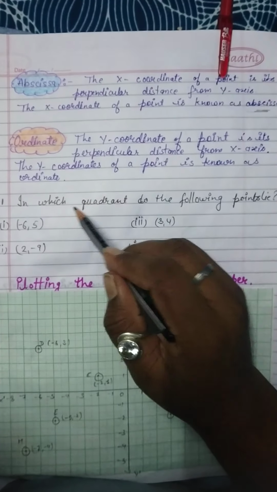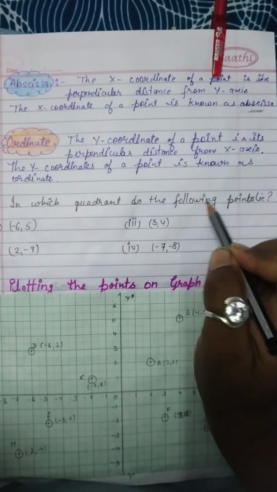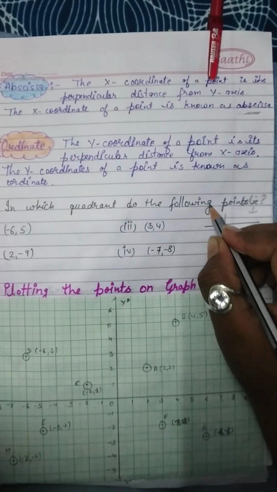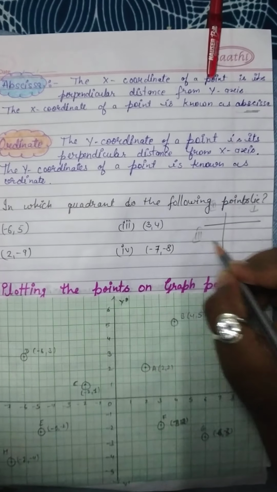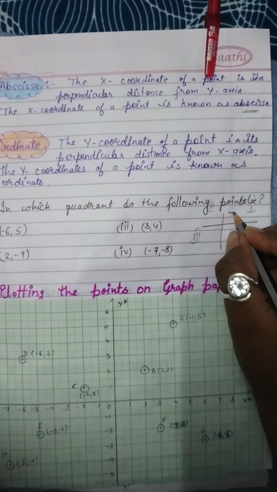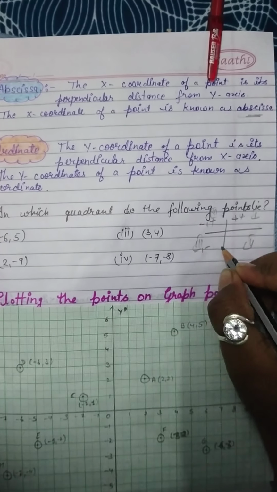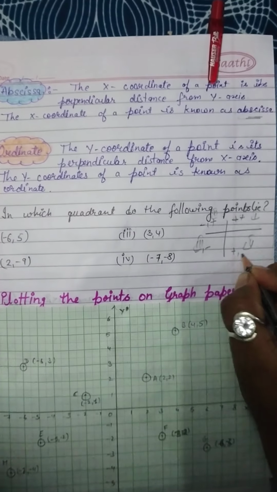In which quadrant do the following points lie? First quadrant, second quadrant, third quadrant, and fourth quadrant. In the first both are positive, in the second minus plus, in the third minus minus, and in the fourth plus minus.